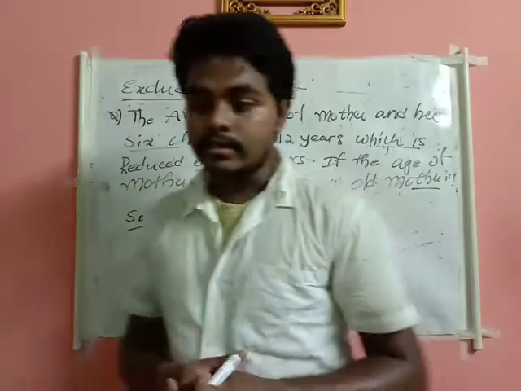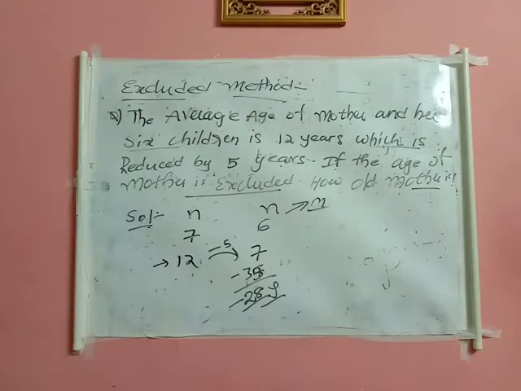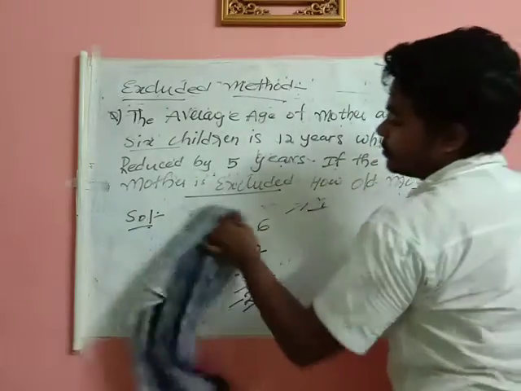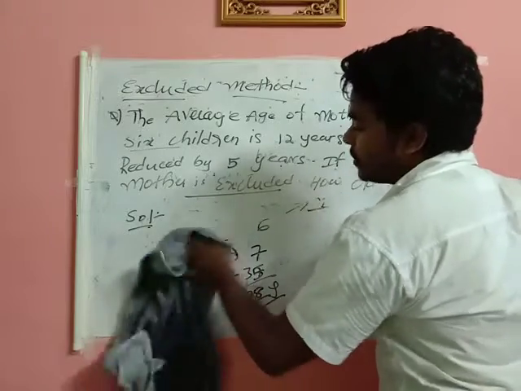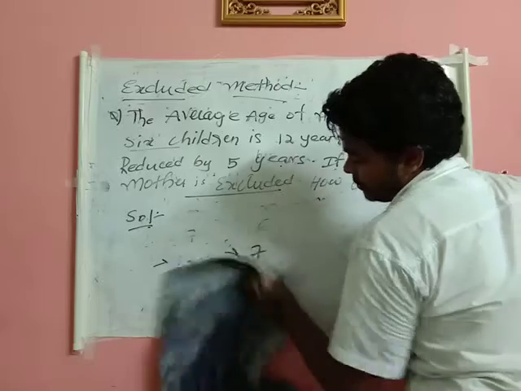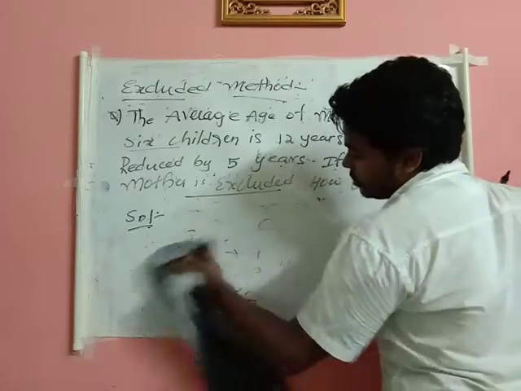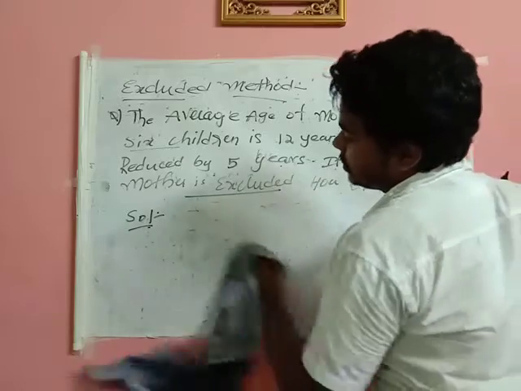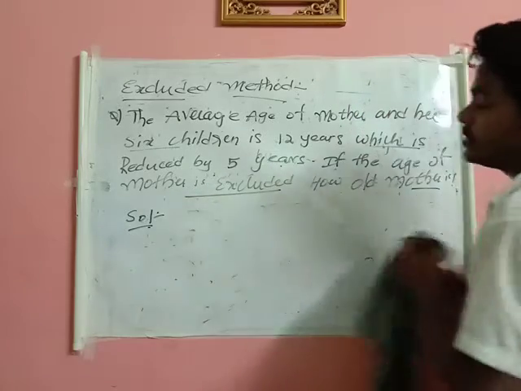Right. See, let us try to convert my excluded method to the included method. How will I convert? Just put concentration here. This is very important: how to convert my excluded case to included cases. Conversion is very important.